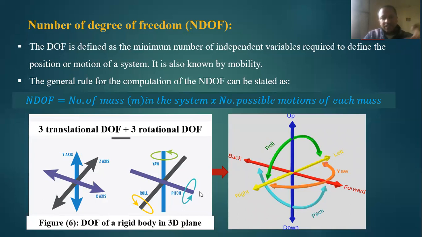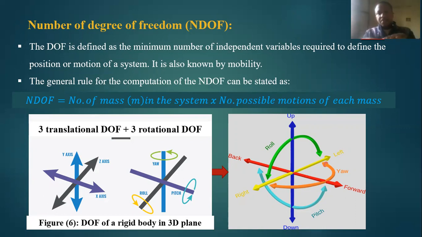Rotation about the x-axis is called pitching motion. And the rotation about the y-axis is the yaw motion. We can easily identify this with an airplane flying in space.